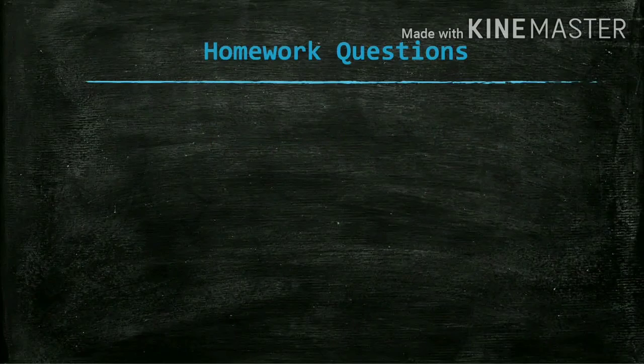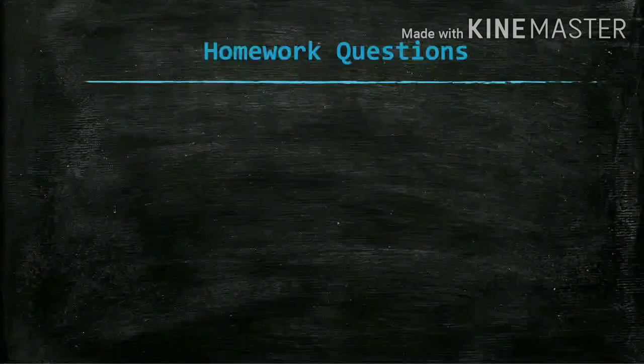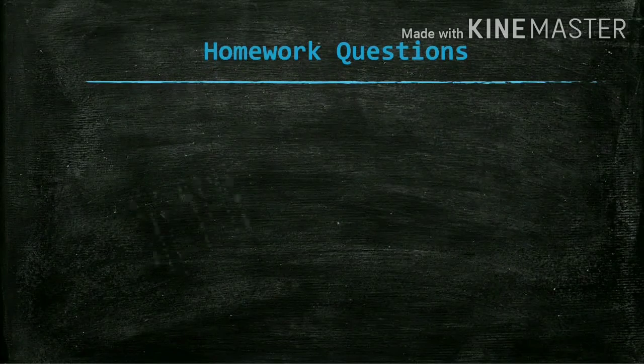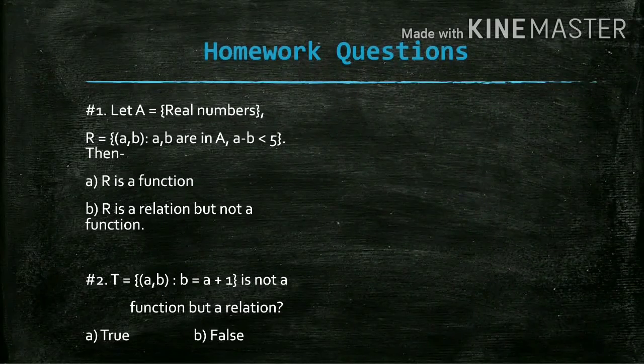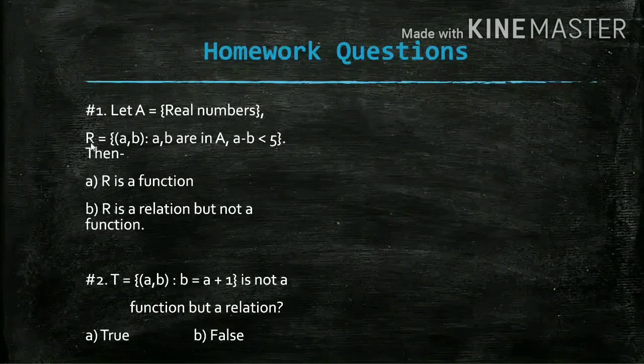So let's now have some assignment for you, some homework questions so that you can practice them at home. These are the questions. First question, you have a set A of real numbers, and second thing, your R is defined like this.